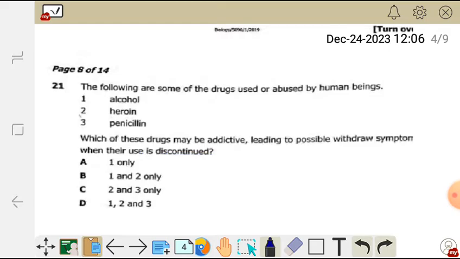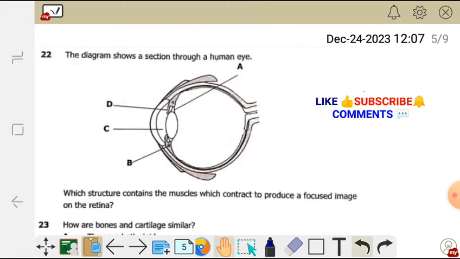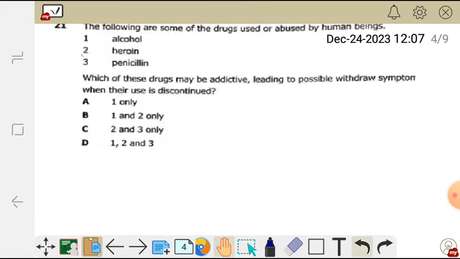So the drugs which are addictive and can lead to possible withdrawal symptoms, you have symptoms after you stop, is alcohol and heroin. So the correct answer here is 1 and 2 for question 21. The correct answer is B.